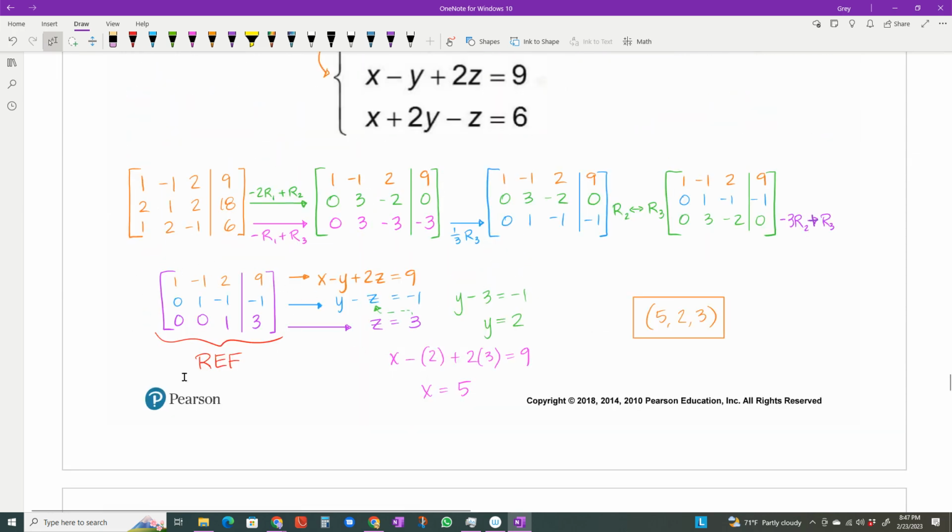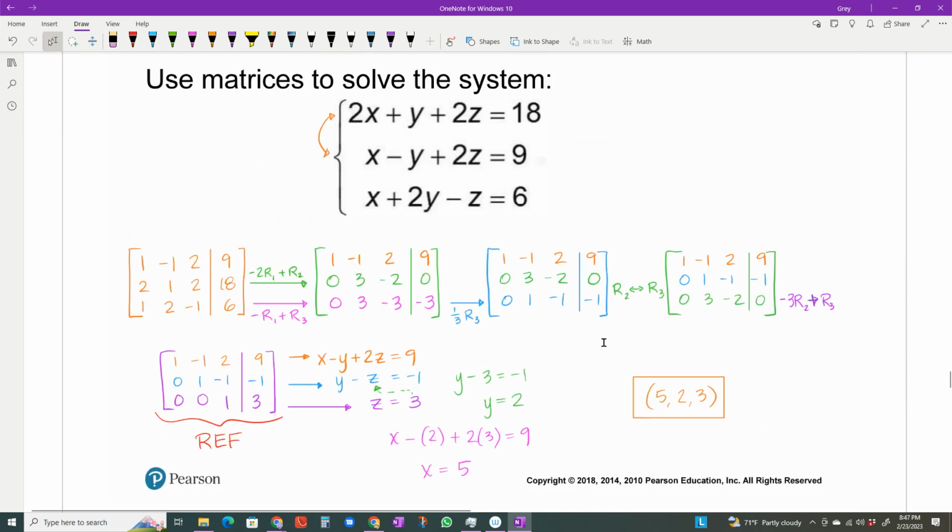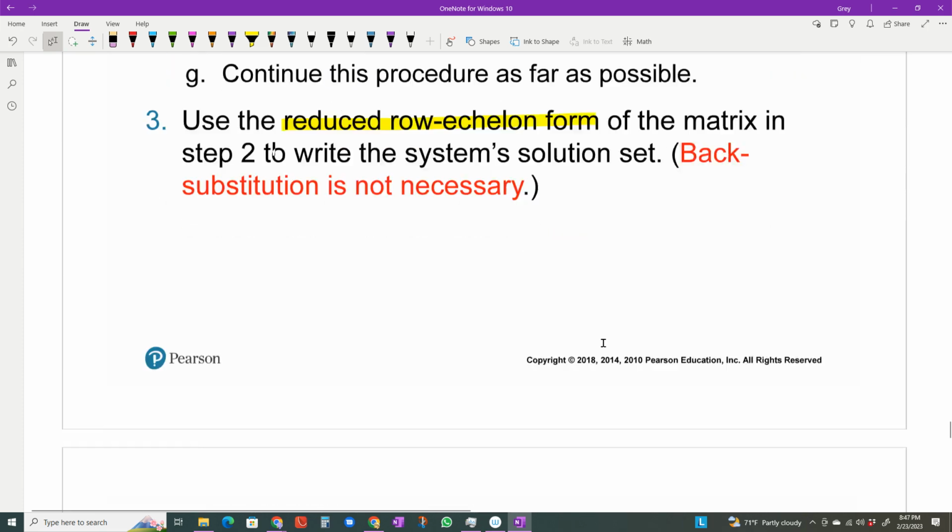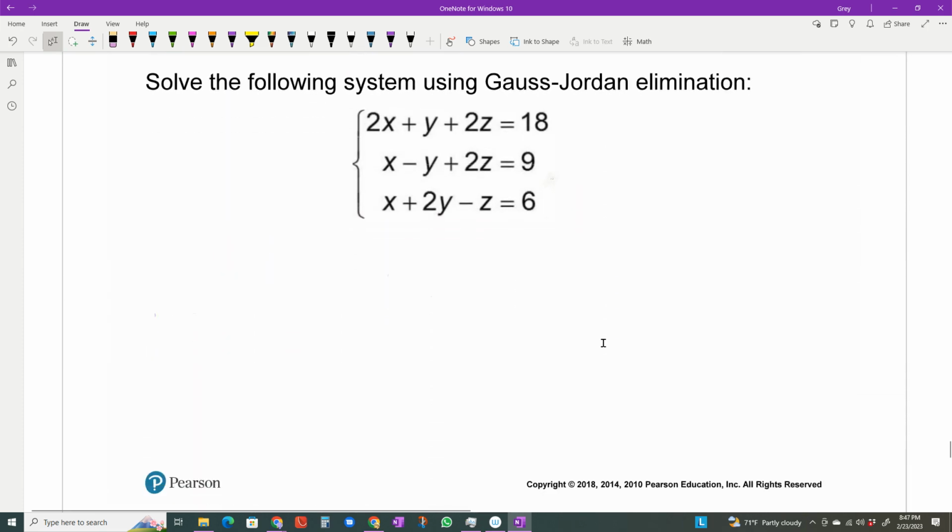So if I take this guy right here, who's in row echelon form, I'm going to finish it. So this matrix is the same as this problem right here, okay? But I'm going to pick up where we left off with that matrix, okay? So we reduced it down to this point.